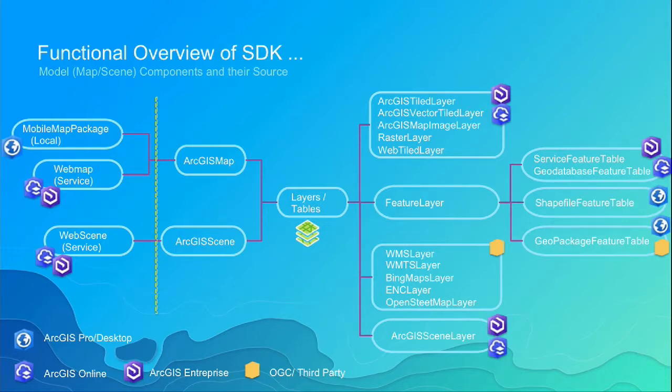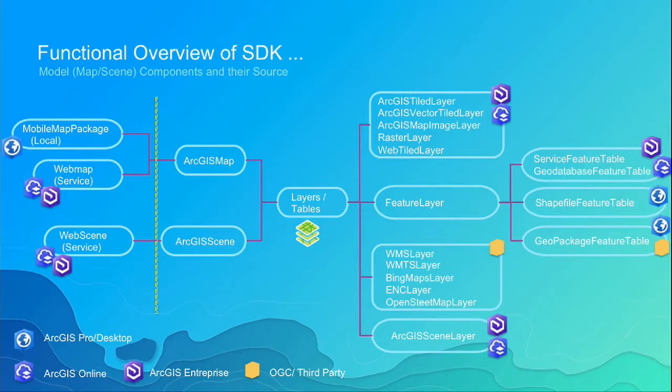For raster data, you can work with tile layers or vector tile layers. For the services that come from enterprise, like map services, you can use them as map image layers, or if you're working with any raster data, you can use the raster layers, or there's this web tile layer from which you can create your own custom tile layer.